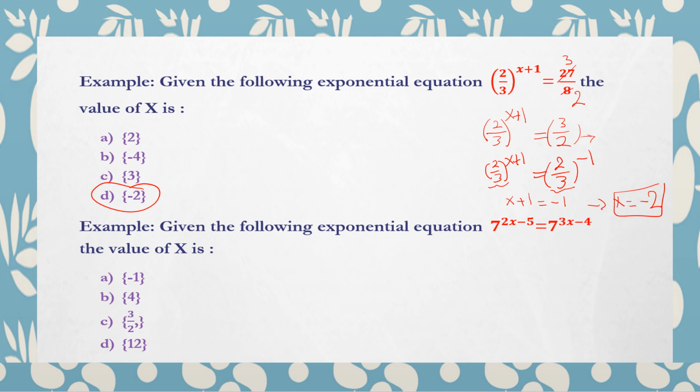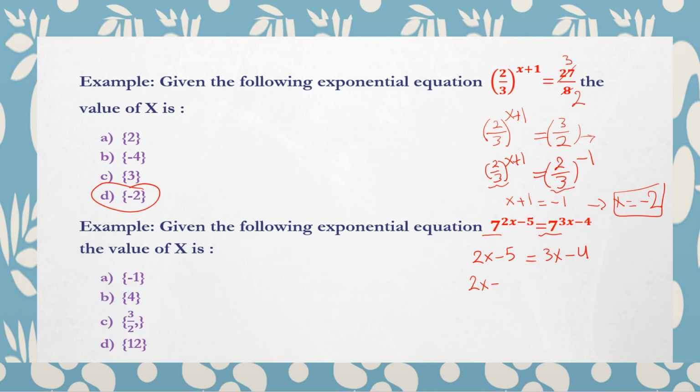Another example, given the following exponential equation, 7 power 2x minus 5 equals 7 power 3x minus 4. We have the same bases here with different exponents. Then 2x minus 5 equals 3x minus 4. We can put the x's in the left hand side and the constants in the right hand side.